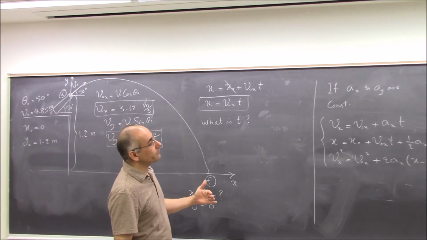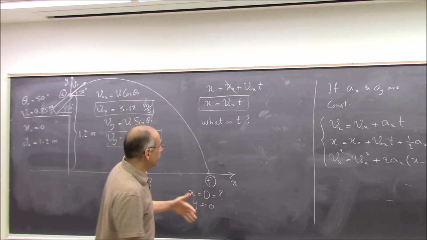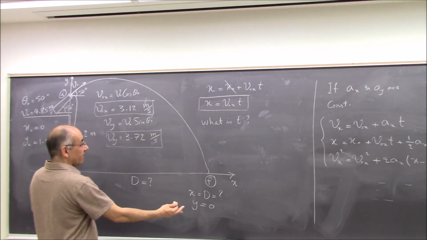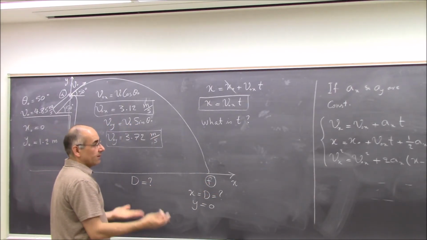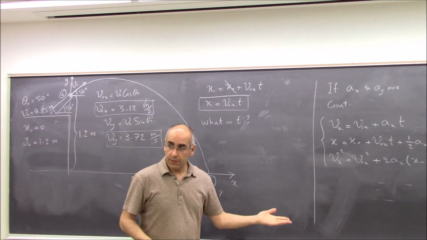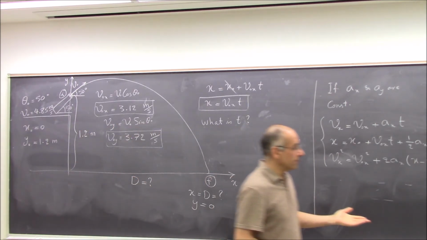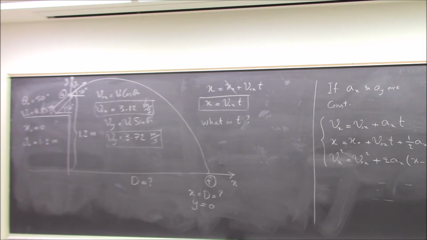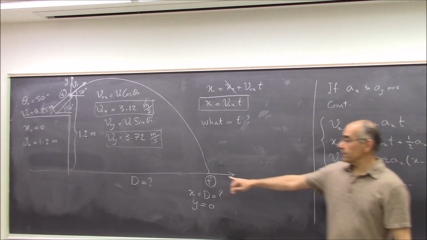Now with these parameter values, how can we find t? Let's go through our equations. Vy equals v naught y minus gt. Can we use that? We need to know vy, the final velocity in the y direction.